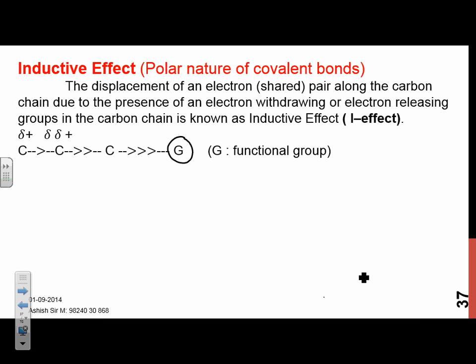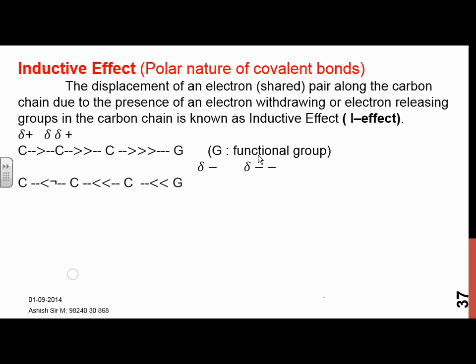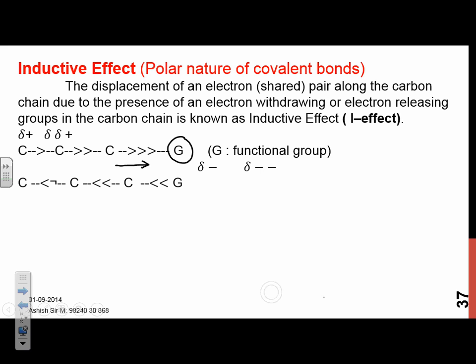This group is withdrawing the electron pair towards itself. There is another group which donates the electron pair. This group donates the electron pair. This group is donating the electron pair.